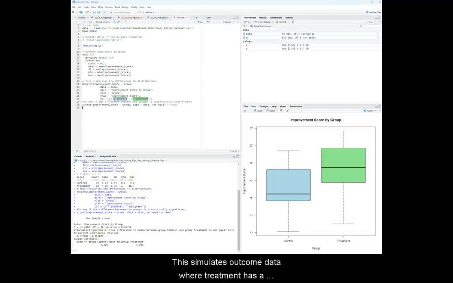This simulates outcome data where treatment has a stronger mean. You can visualize it instantly. Try adjusting means or standard deviation to see what happens.